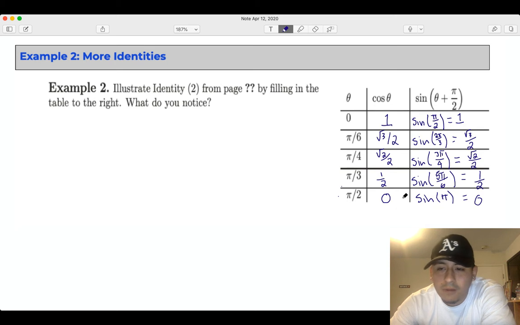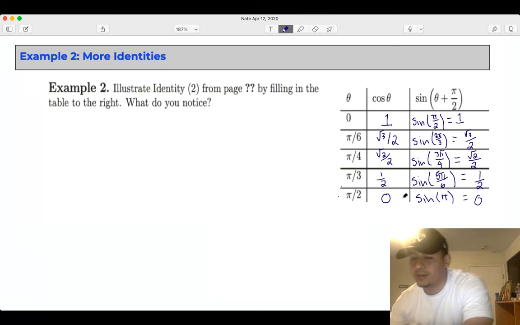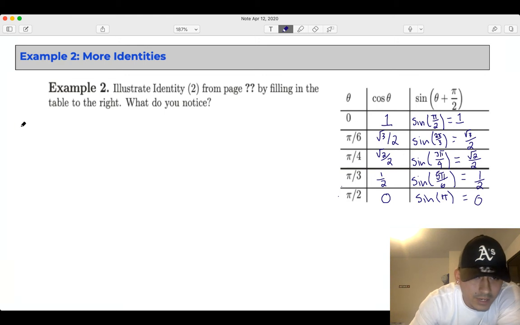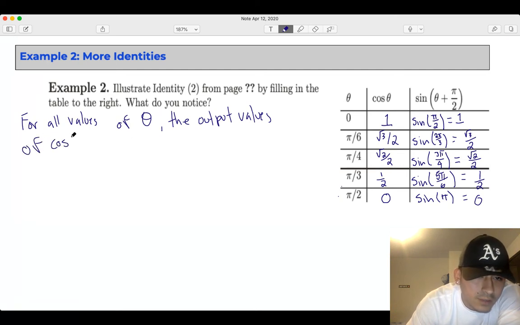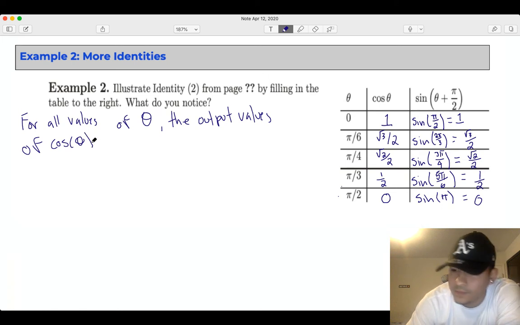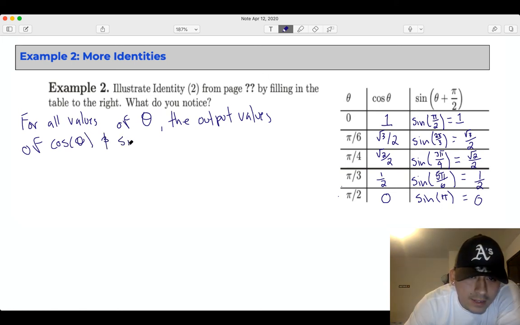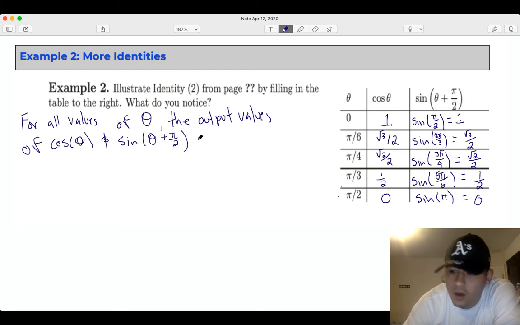So we finished filling in our table. And so what do we notice? Clearly, we can see that for all values of theta in this table, the output values of cosine of theta and sine of theta plus pi over 2 are the same.